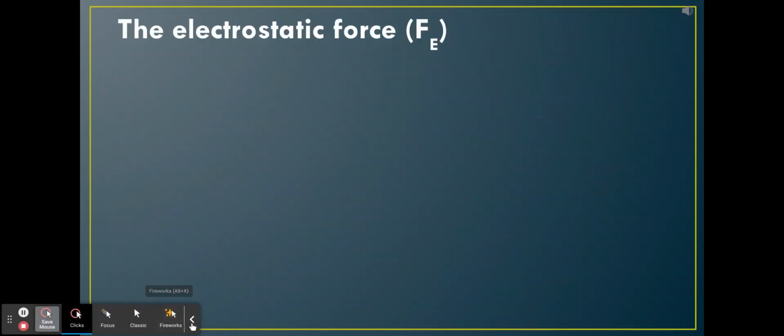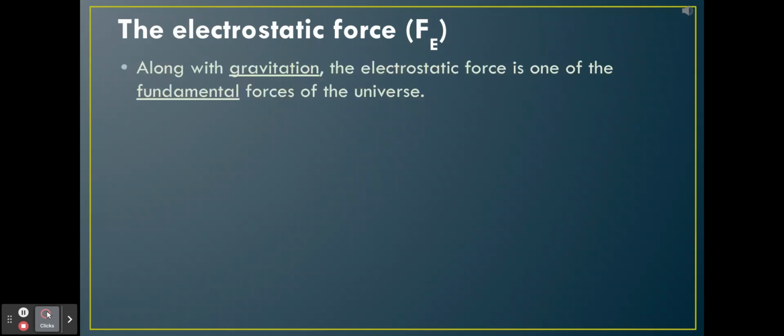All right. So with all of that information, we need to talk about the electrostatic force. And it feels a little tricky. But along with gravitation, the electrostatic force is one of the fundamental forces of the universe. When we talk about electrostatic force, this is the force of attraction or repulsion of different objects to each other.